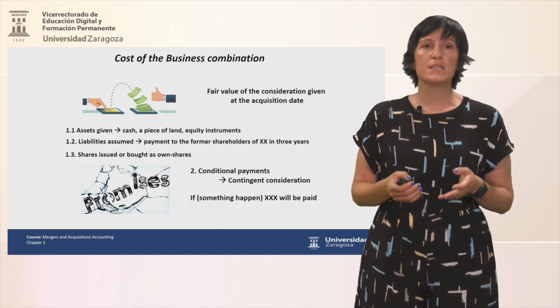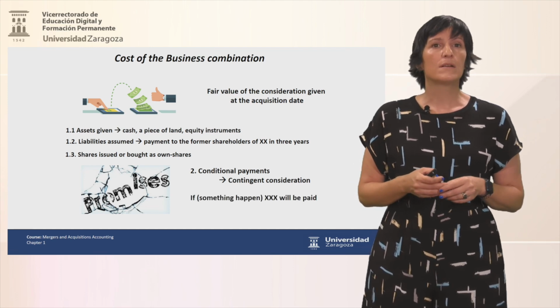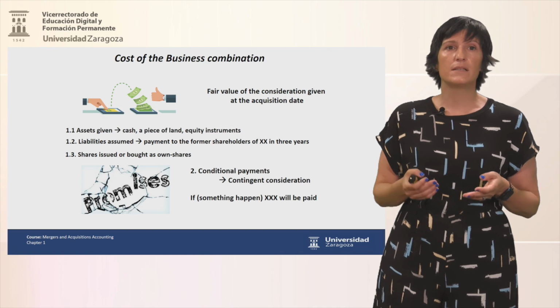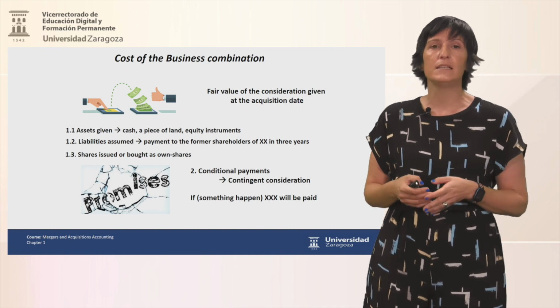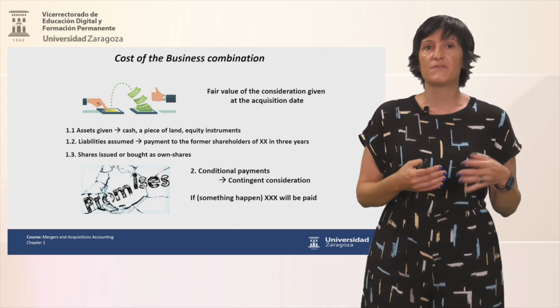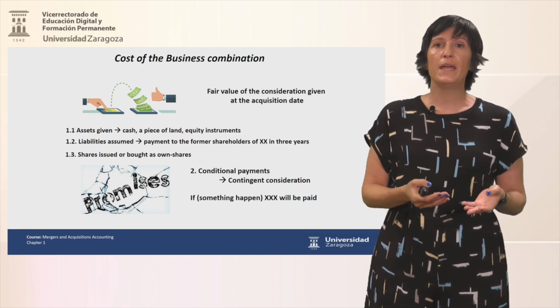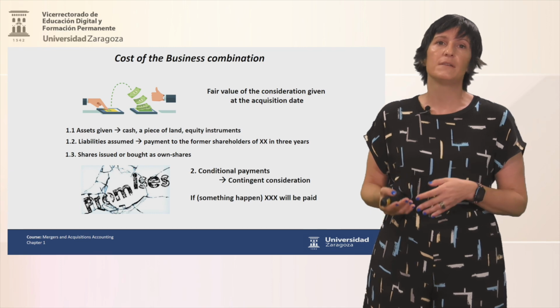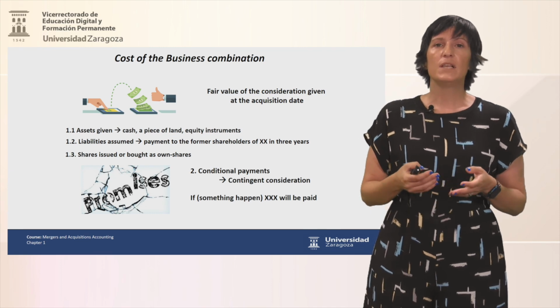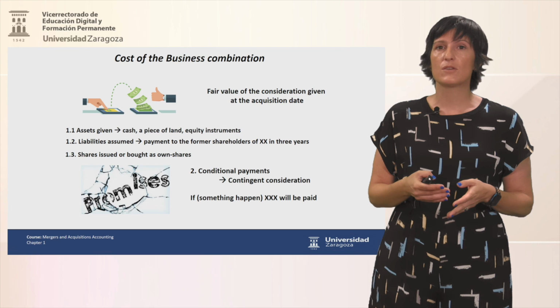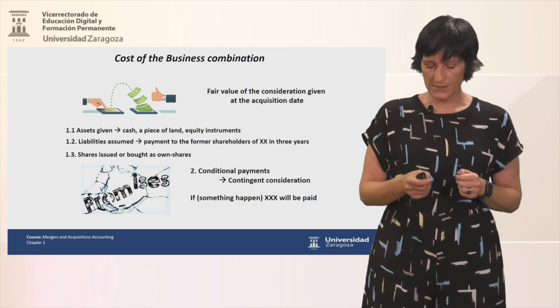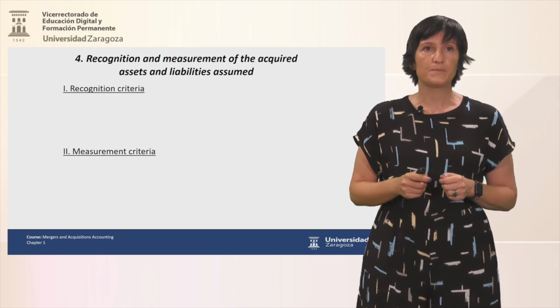And the formulation of these payments is set: if profitability of the company reaches 5% during the next 5 years, we will pay an additional amount of something. This will allow all the negotiations of the business combination to be done in proper terms.